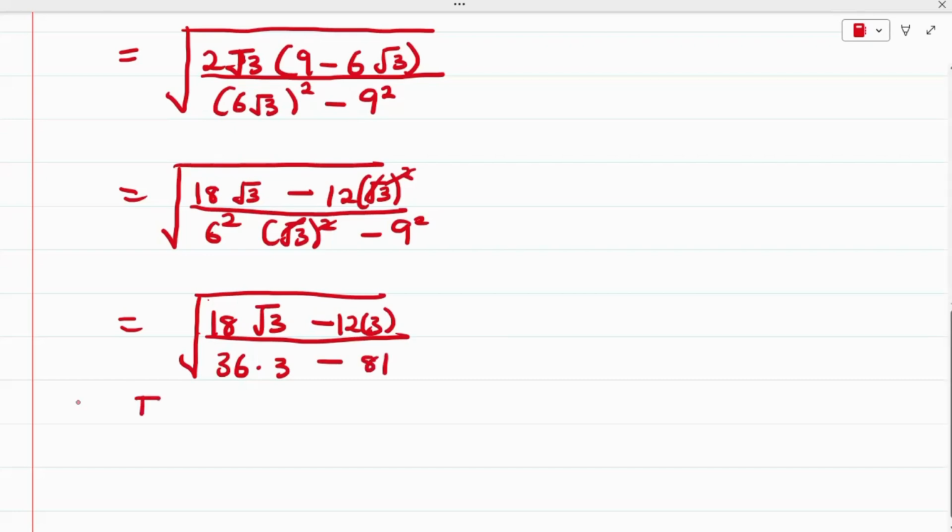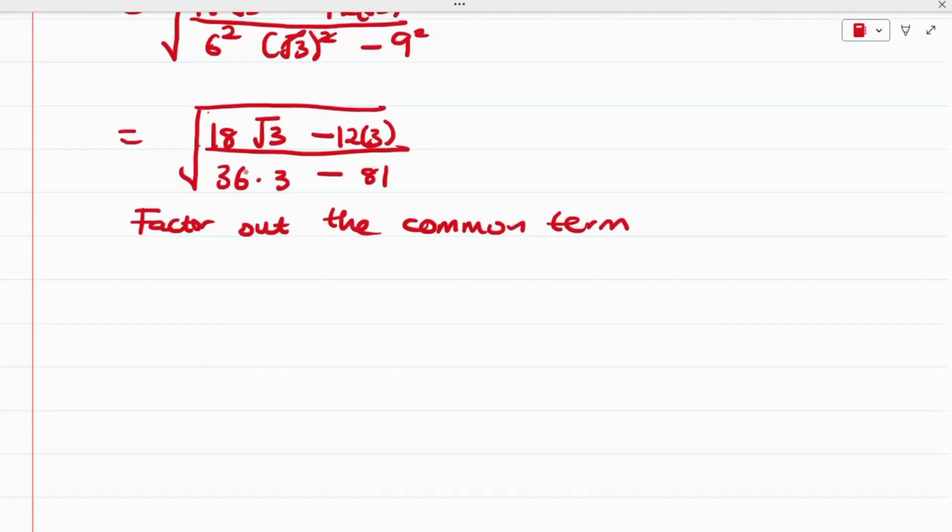Alright, so from here, we want to factor out the common term from both of them. For the numerator, we have 3 to be common. So in place of 18 we put 6 root 3 minus 12, because this 3 has been factored out. If you factor out 3 from 18, we have 6.